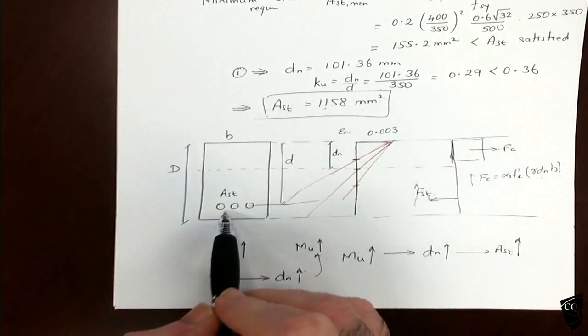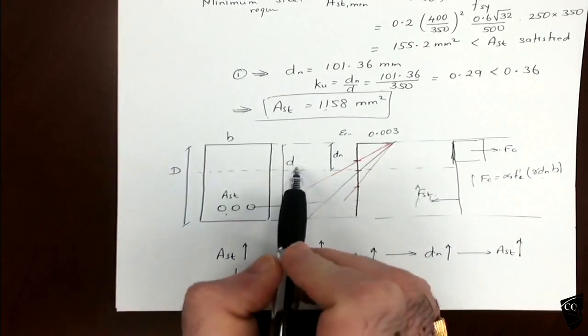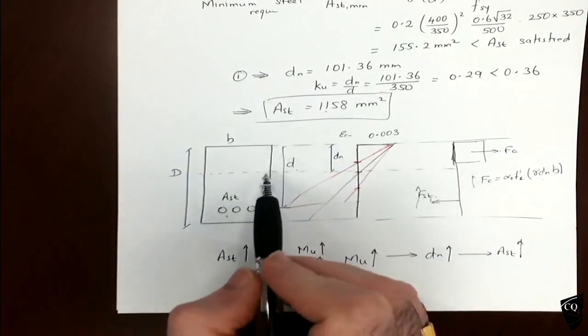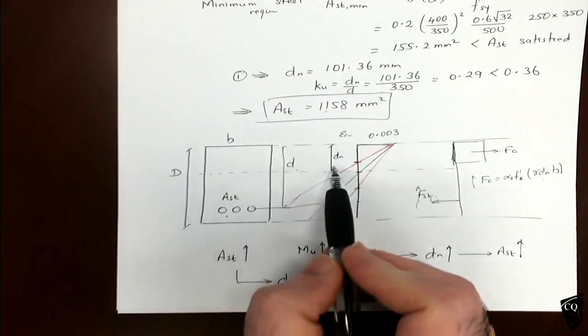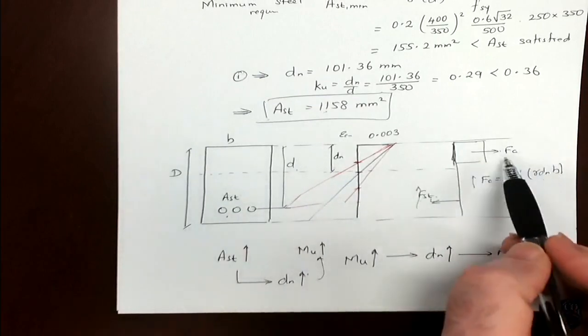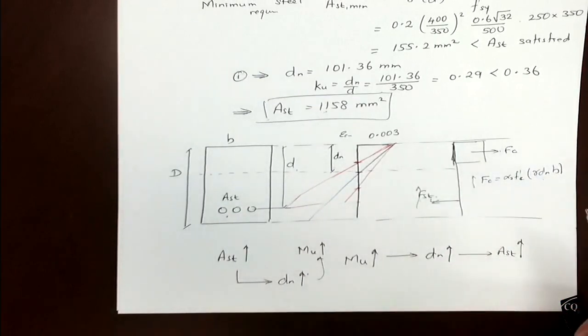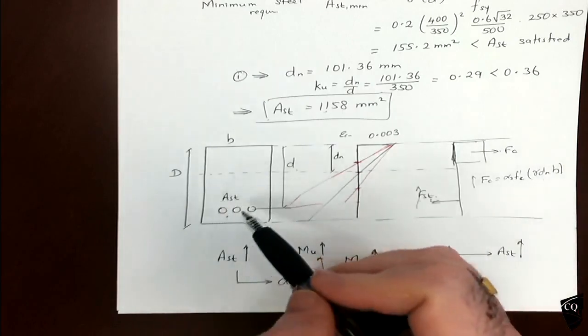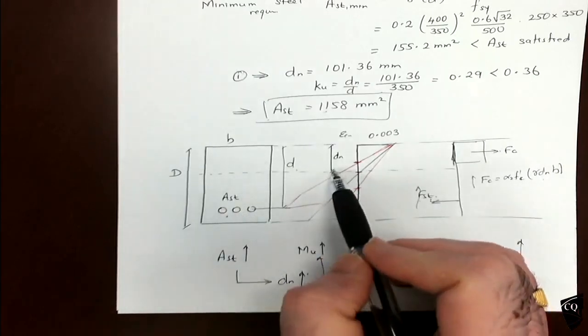You increase the steel or you increase the moment, whatever. So you increase the steel, so that will increase the dn. So that will increase the Fc. So that will also increase the moment. Another way, you increase the moment, it will increase the dn.